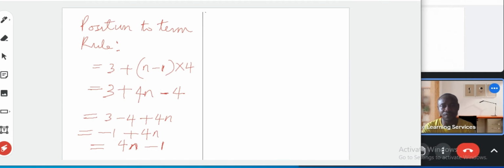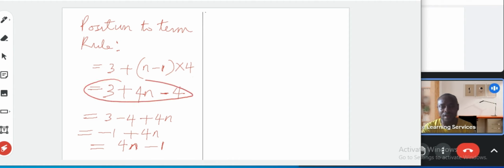So 3, which is the first term, plus, open a bracket, n minus 1, close the bracket, times D, which is 4. That's 3. Then you're going to use this 4 to open the bracket. 4 times n gives you 4n, isn't it? 4 times 1 gives you 4.